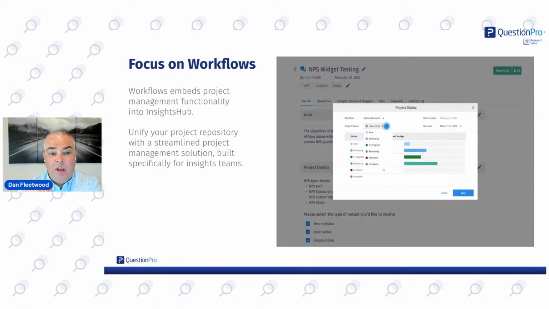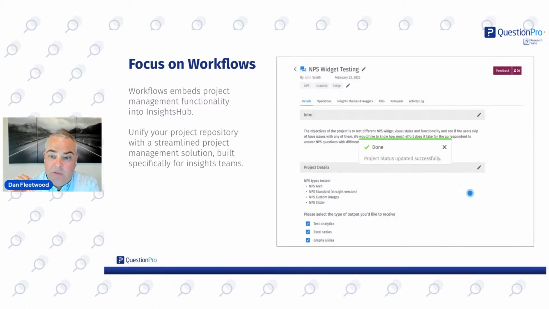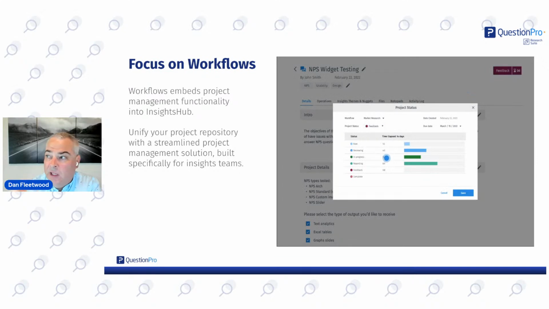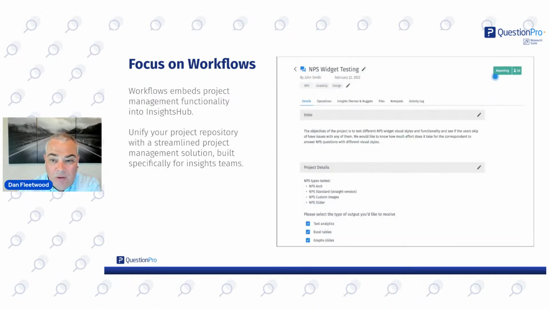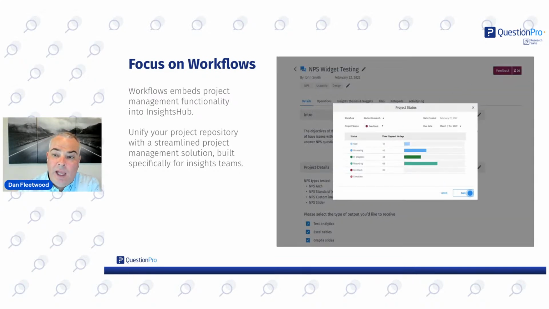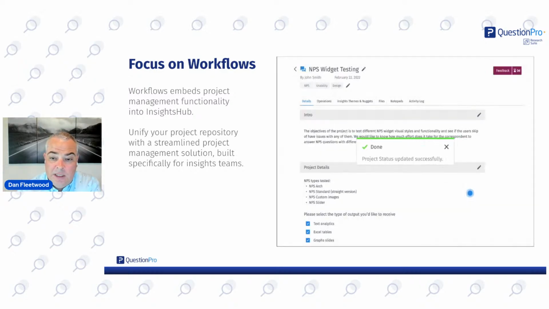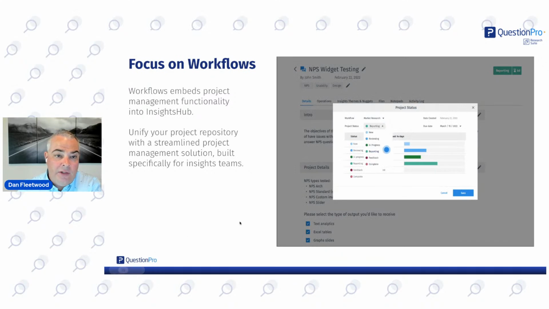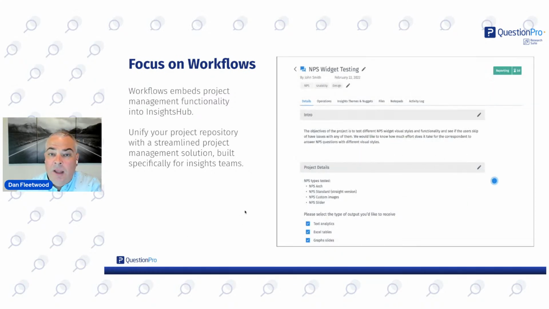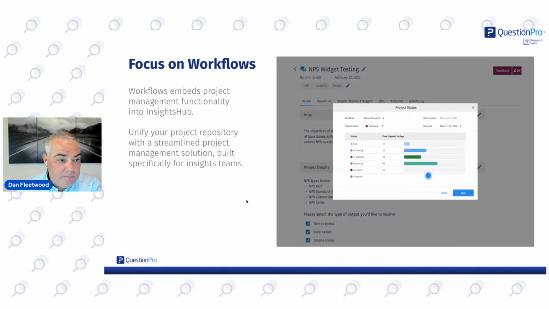Knowing that this is built specifically for insights teams is key, because there are some platforms out there that aren't specifically for it, but we have all of the workflows that insights teams need to keep track of the status of their different projects and where those things are at in the workflows.